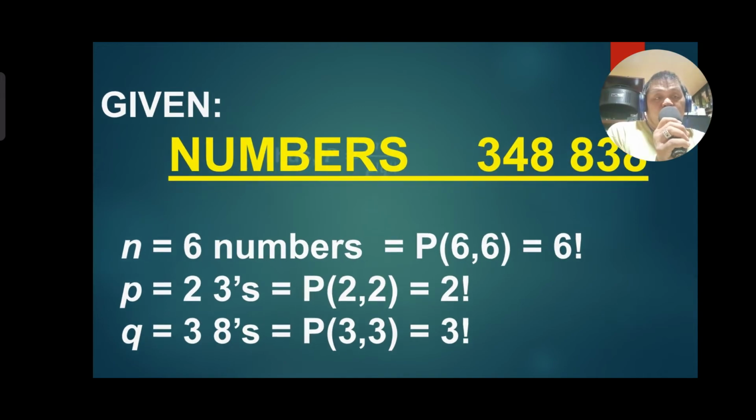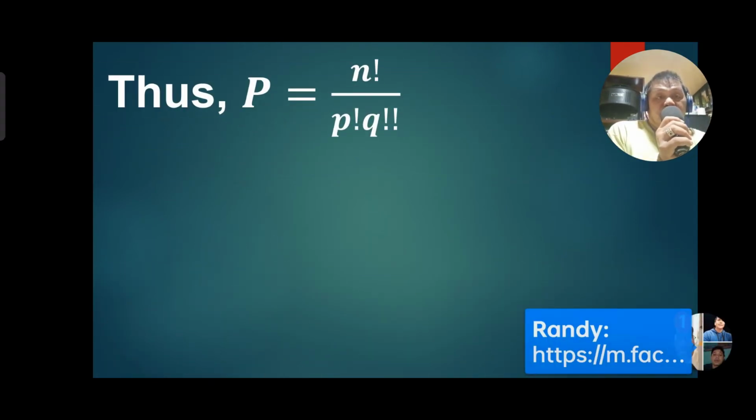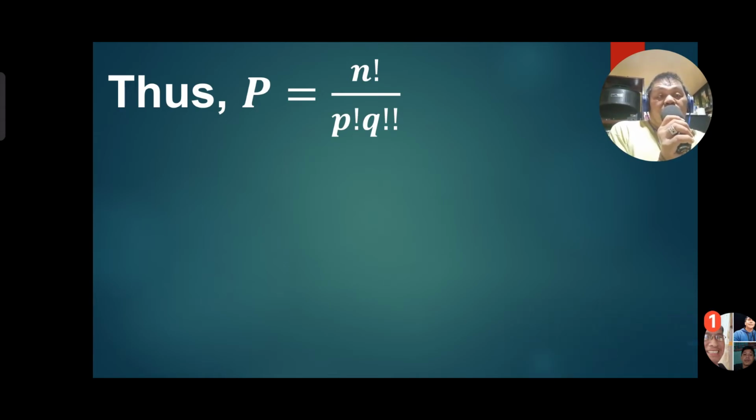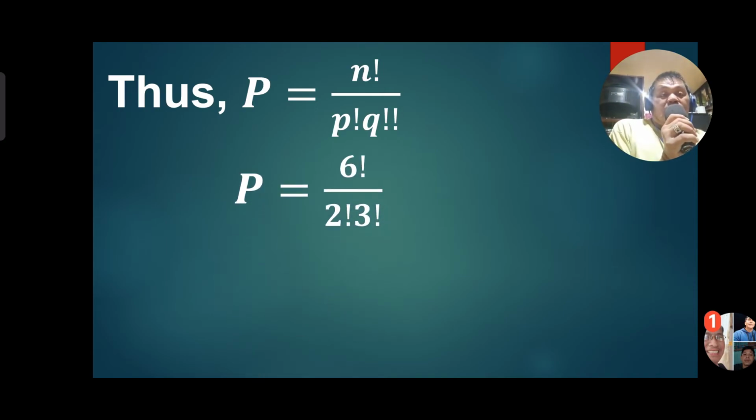So using now the formula of distinguishable permutation, we have n factorial divided by p factorial times q factorial. This time there are only 2 kinds of digits which are alike. We have now n is equal to 6 factorial over p factorial, which is 2 factorial, and q factorial is 3 factorial.